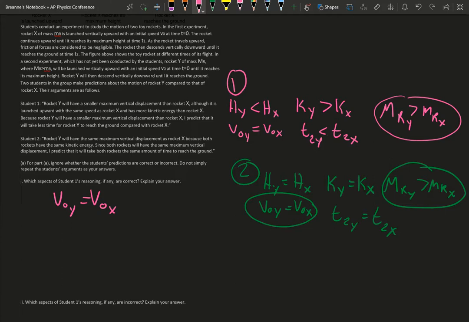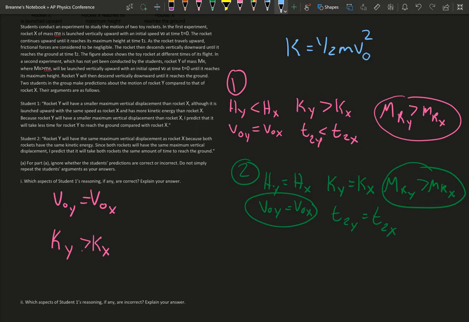Another thing that we know is true is our kinetic energy. We know he's right on kinetic energy. So let's think about what our kinetic energy equation is here. Our kinetic energy equation is 1/2 mv squared, right? So it has the same velocity.